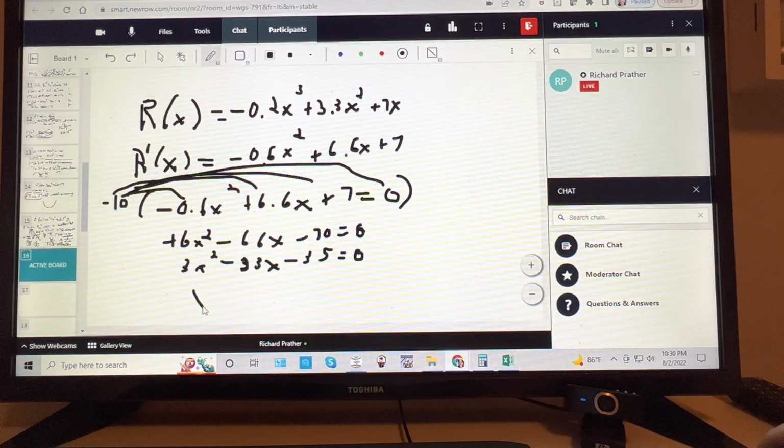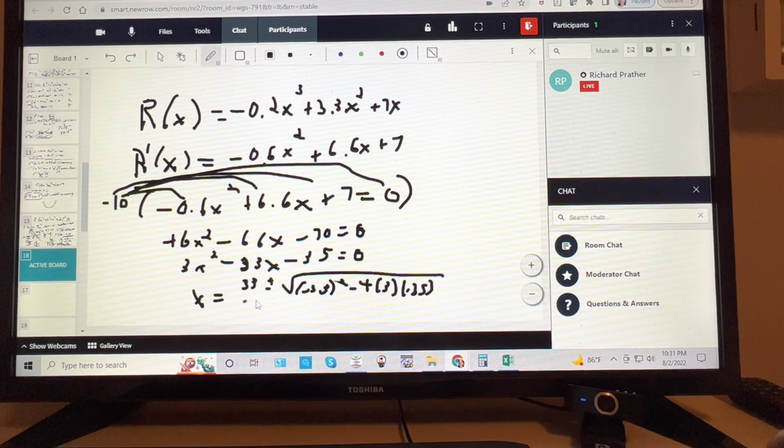Okay, so opposite of b, plus and minus, square root, b squared minus 4 times a times c, all over 2a. Okay.